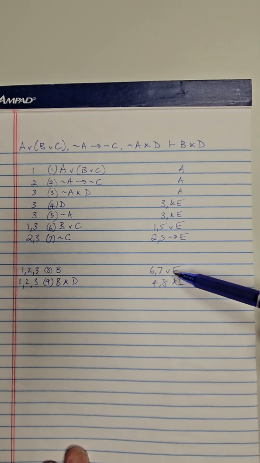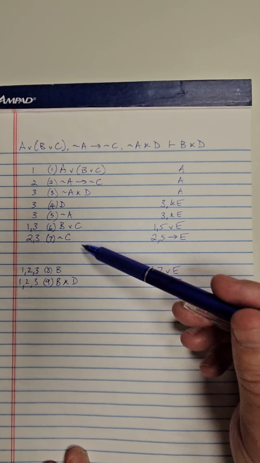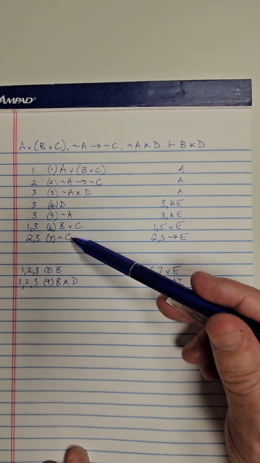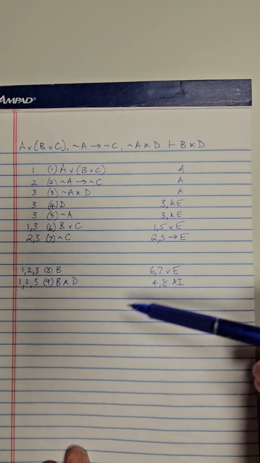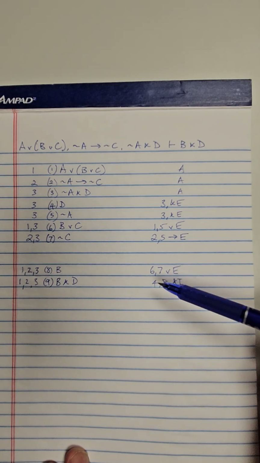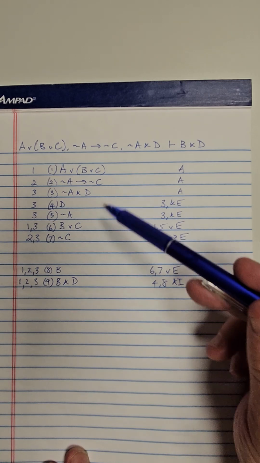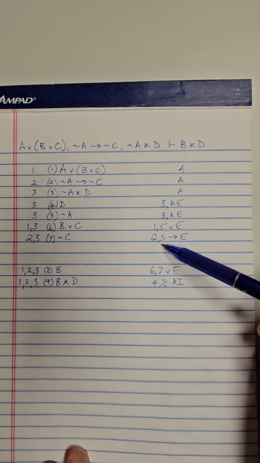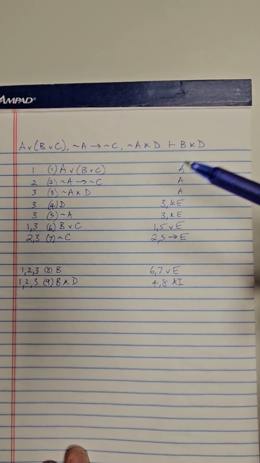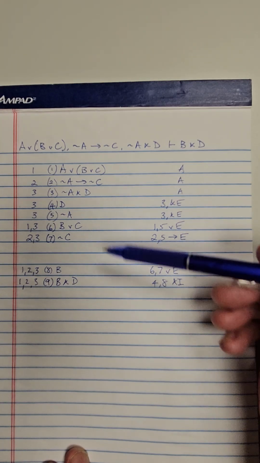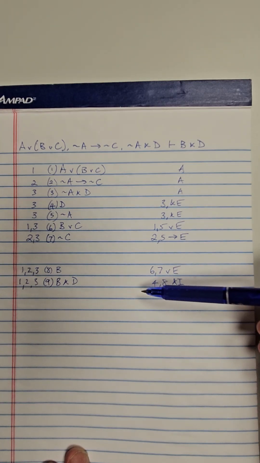Where did line 8 come from? From 6 and 7, wedge elimination. B is the left disjunct of 6, 7 is the denial of the right disjunct, so we get the left disjunct. Where did 7 come from? It's the consequent of the conditional in 2, and we had its antecedent in 5. So we can trace back, using the annotations, each step in which we've taken from the premises to the conclusion.